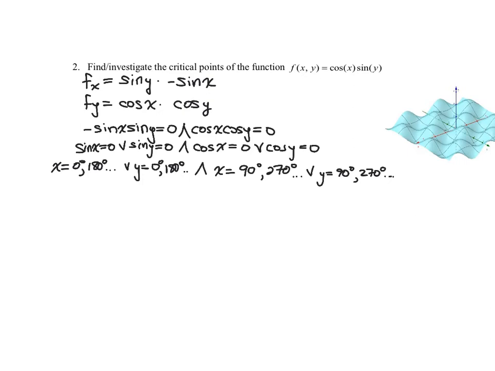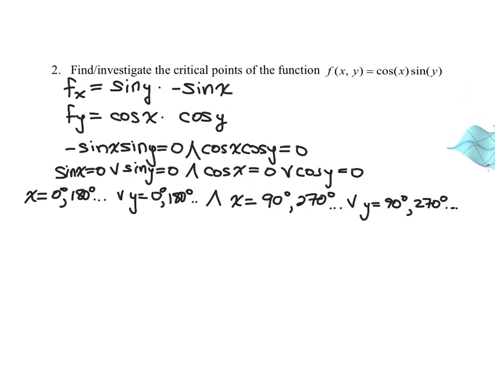So that means there's going to be a lot, and so, infinitely many, in fact. What we want to do is come up with a rule or set of rules that would define our maxes and mins. So what I need is any possible pairing of x and y that would make both of these equations equal to 0. So that's the hard part, because that requires the most thought.